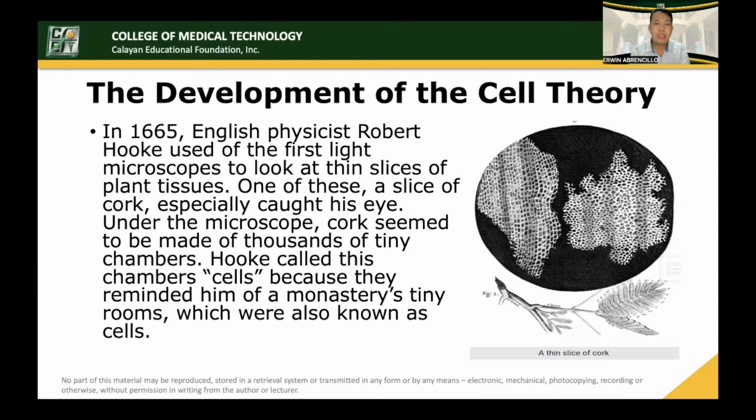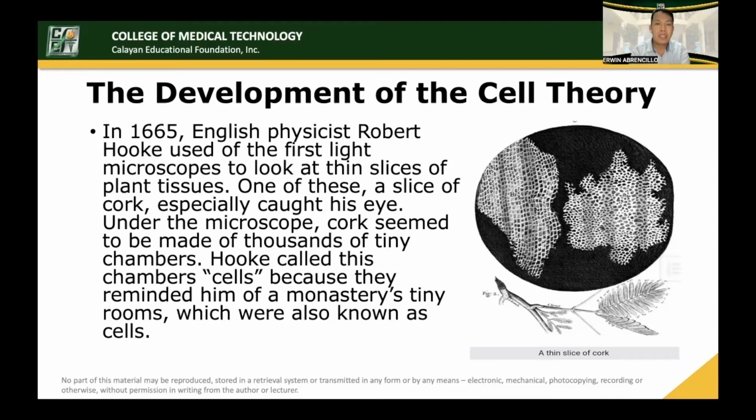The picture on the right was the actual cell that he saw during his time. Under the microscope, cork seemed to be made of thousands of tiny chambers. Who called these chambers cells? Hooke did, because they reminded him of a monastery's tiny rooms, which were also known as cells.